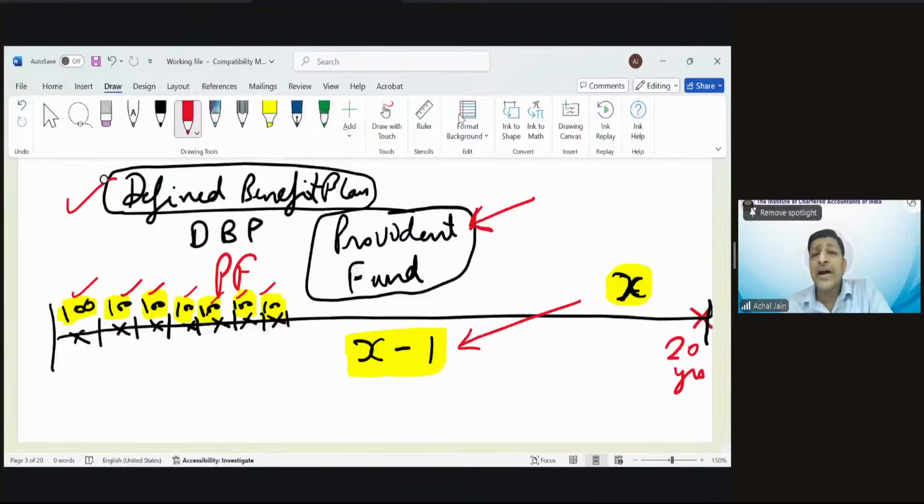In case of a defined benefit plan, there could be various components of the cost which the employer will have to record each year. So what do you mean by that?